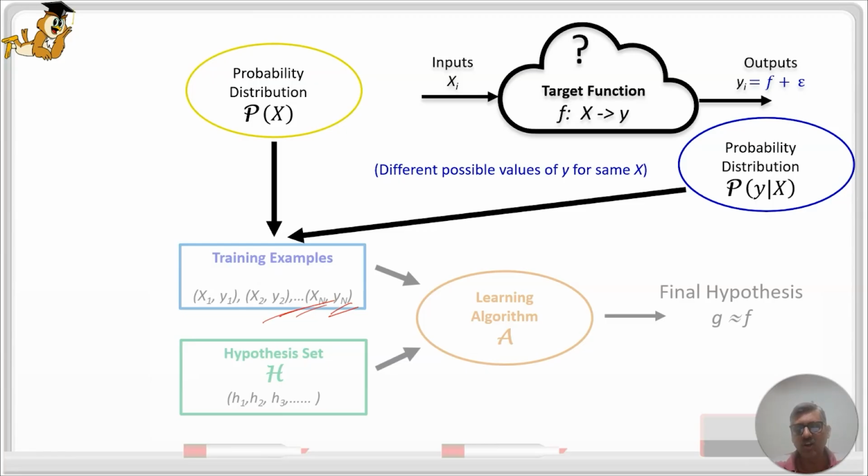Noise appears in every problem in real life. Even if you think of the language models that you train with a lot of text, you might run into text that is bad, that may have grammatical errors, and that goes into your training examples. So that is an example of noise. If you're taking physical measurements, every measuring instrument has a certain amount of noise associated with it.